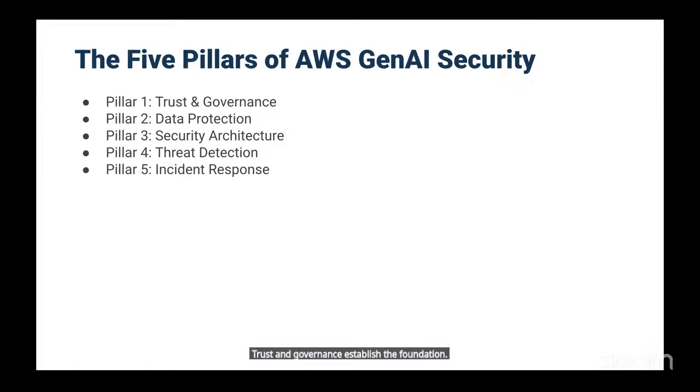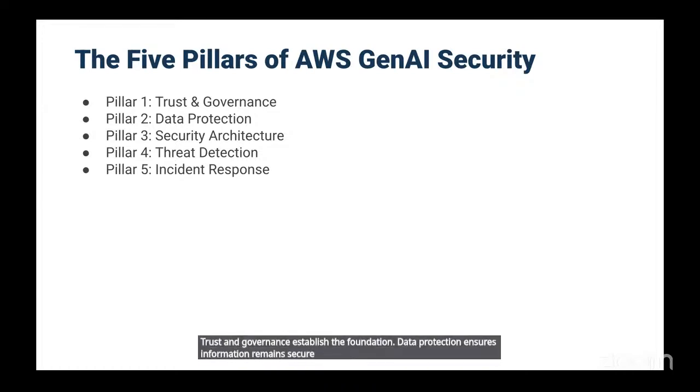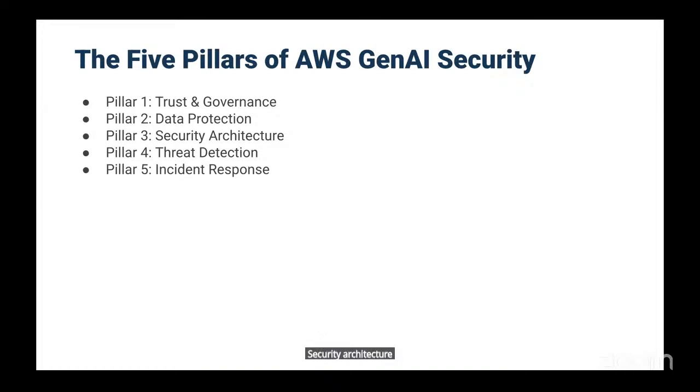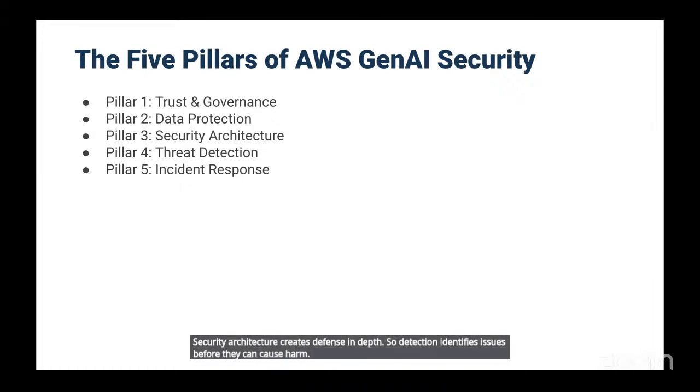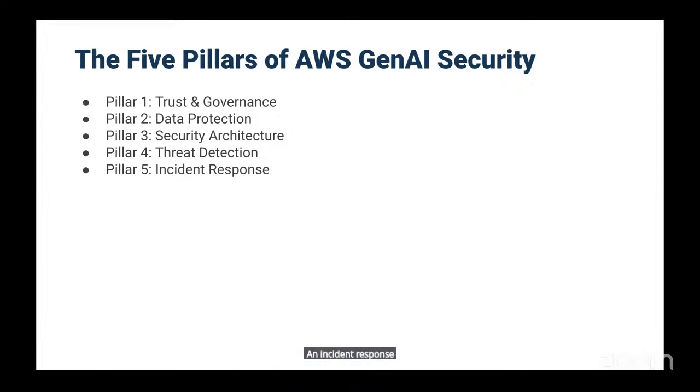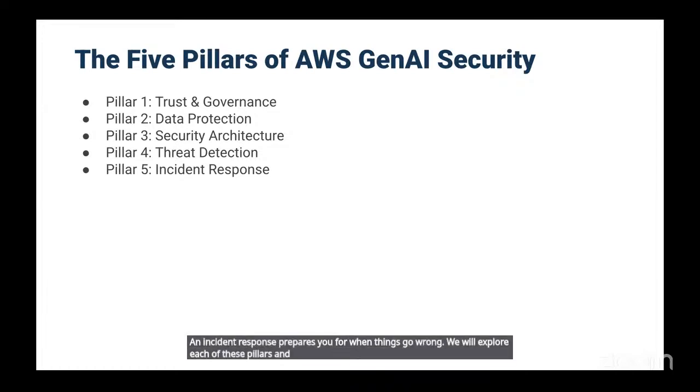Data protection ensures information remains secure throughout its life cycle. Security architecture creates defense in depth. Threat detection identifies issues before they can cause harm. And incident response prepares you for when things go wrong. We will explore each of these pillars and how they work together to create a comprehensive security approach.